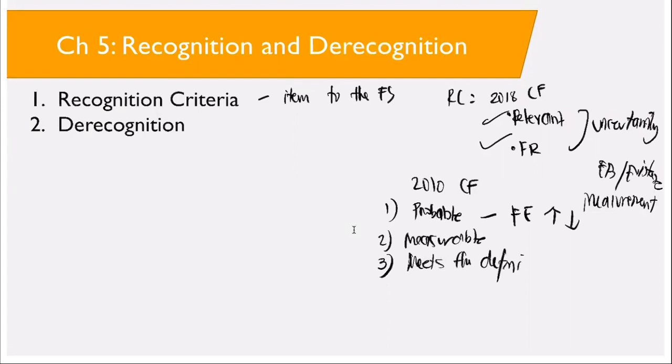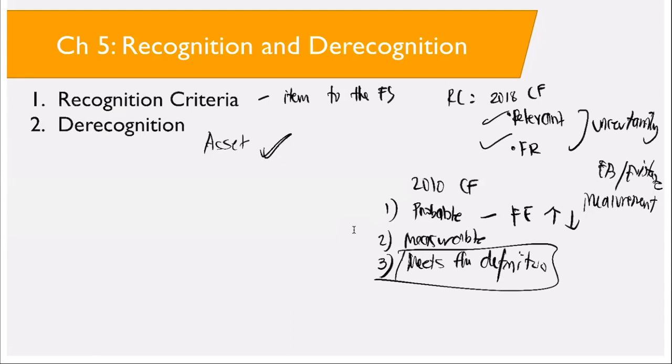So take note, one important criteria so that we can recognize it is that it meets the definition. For you to recognize an asset, dapat asset talaga siya. Yun yung ibig sabihin niya. Para ma-recognize mo din yung liability, ibig sabihin, pasok siya doon sa definition ng liability. Pagka hindi, edi bawal kang mag-recognize. Yun yung ibig sabihin ng ating recognition criteria.